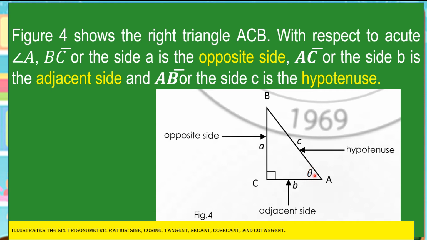The angle theta is the angle A. Therefore, the opposite side is side BC or side a. The adjacent side is side b or segment CA or AC. And the hypotenuse is always the longest side, which is BA or side c.